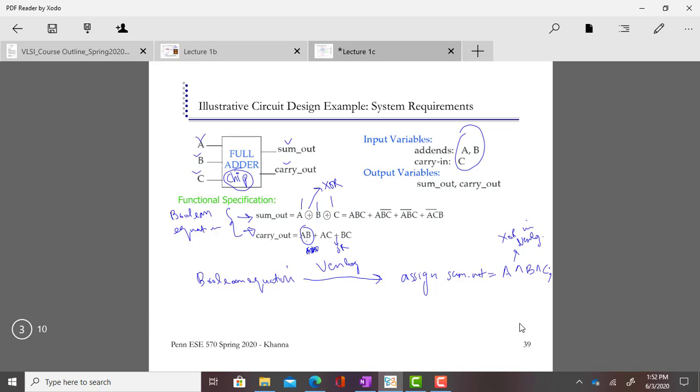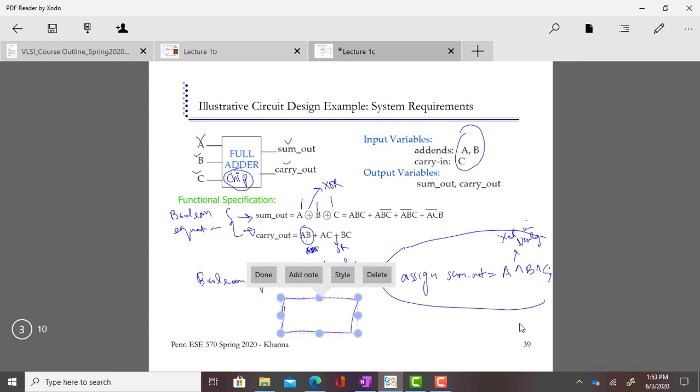Don't worry if you don't understand this, because we will learn the Verilog language. So you write it in Verilog, and after you have the Verilog code, you input it to a synthesizer.